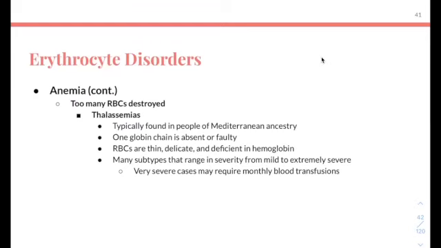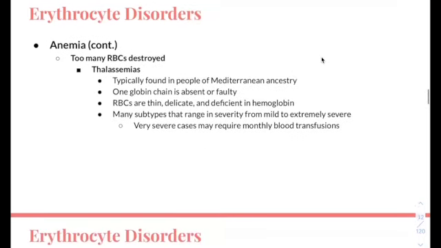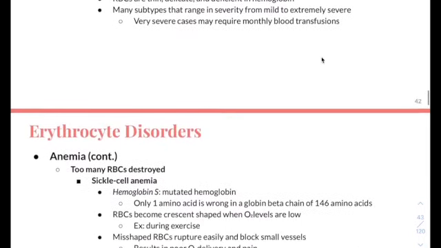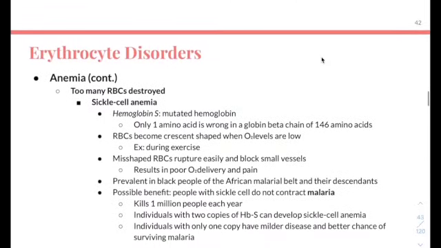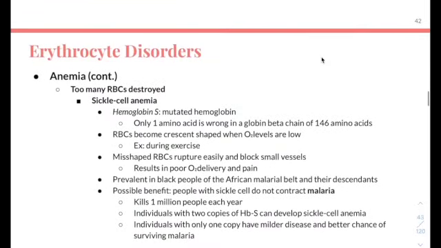And there's many different subtypes. So, they could be really extreme and severe. It could be very mild. And the very severe cases end up getting monthly transfusions just so they can carry on with their daily life. Well, sickle cell anemia is actually a mutation in the hemoglobin.